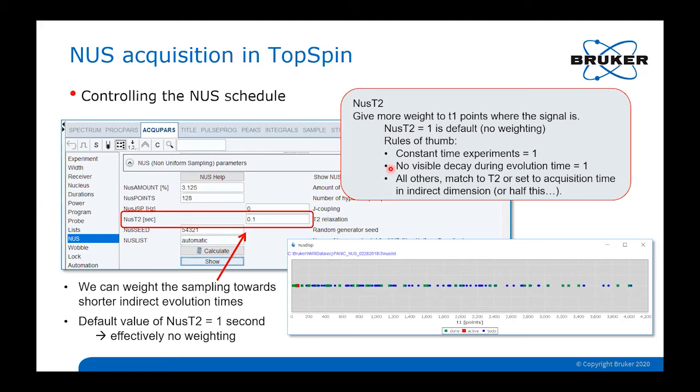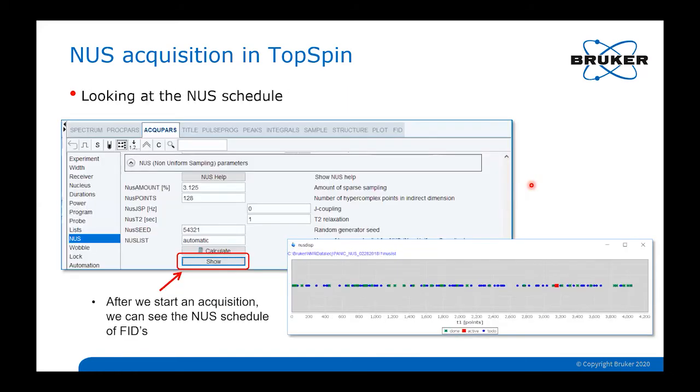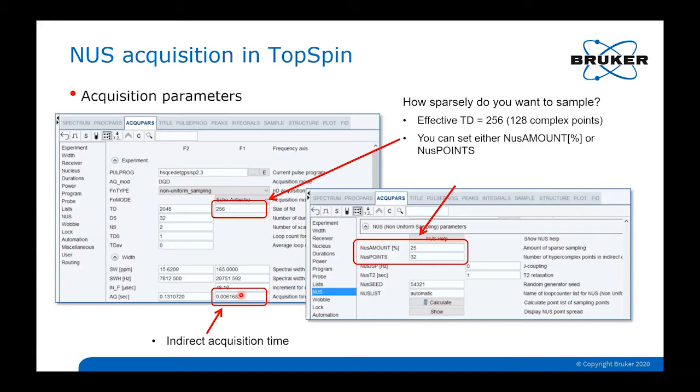However, if we do see attenuation in the intensity as we go through our indirect dimension, if we happen to know the T2 relaxation rate of our molecule, we can set it to that. Or what I find useful to do is look at the acquisition time, as I showed in the previous slide, for that indirect dimension, and set our T2 weighting to about this value or maybe half that value. And then that's going to give you a noticeable weighting of the data points towards the shorter evolution times.